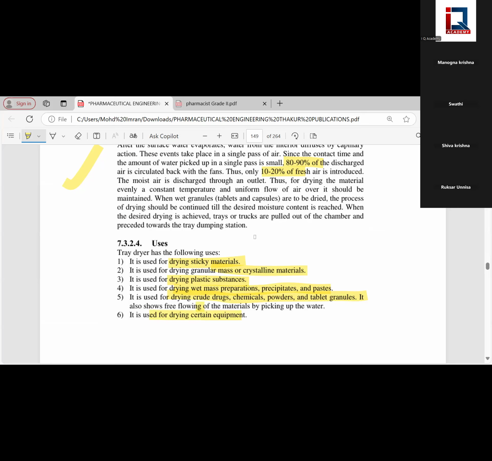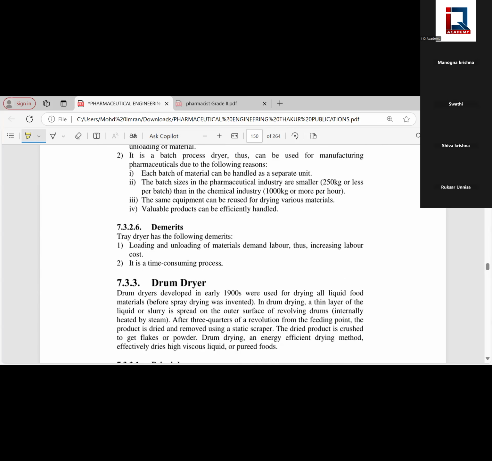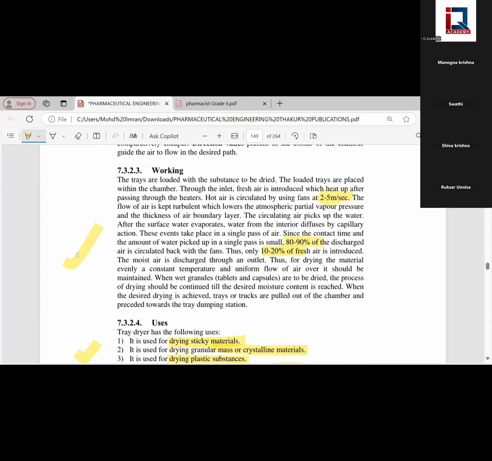So granular material, sticky material, crystalline material, preparation of powders, tablets, and granules are good uses. There are a lot of demerits. Like I said, time consumption is the major problem. Second, loading and unloading material demands a lot of labor. So a lot of time and energy is consumed when using the tray dryer.